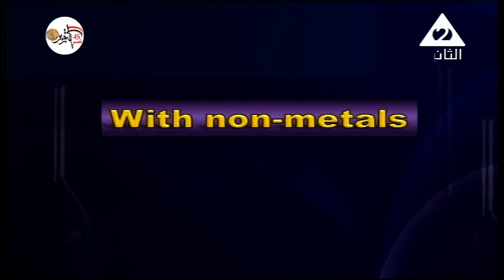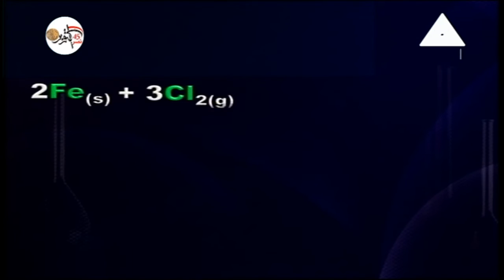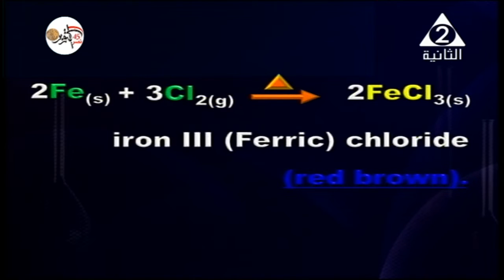Now the reaction of iron with non-metals. Iron reacts with chlorine to form iron(III) chloride. As the equation on the screen shows, iron plus chlorine by heating gives iron(III) chloride, or ferric chloride, which is red-brown in color, as the following animation shows.